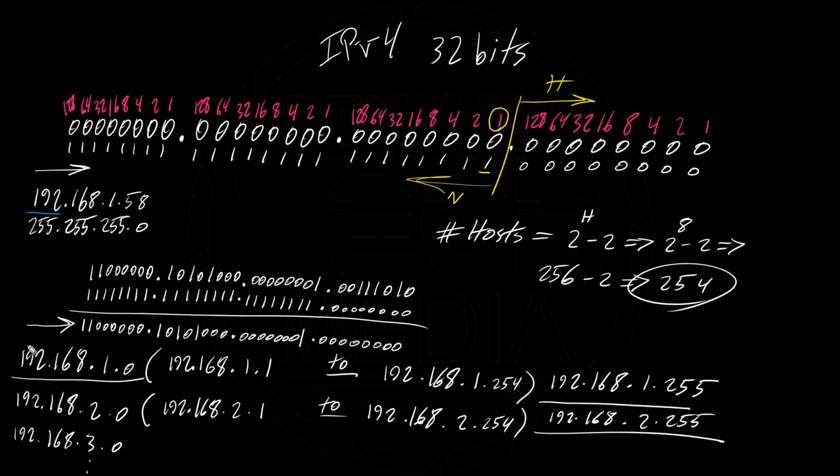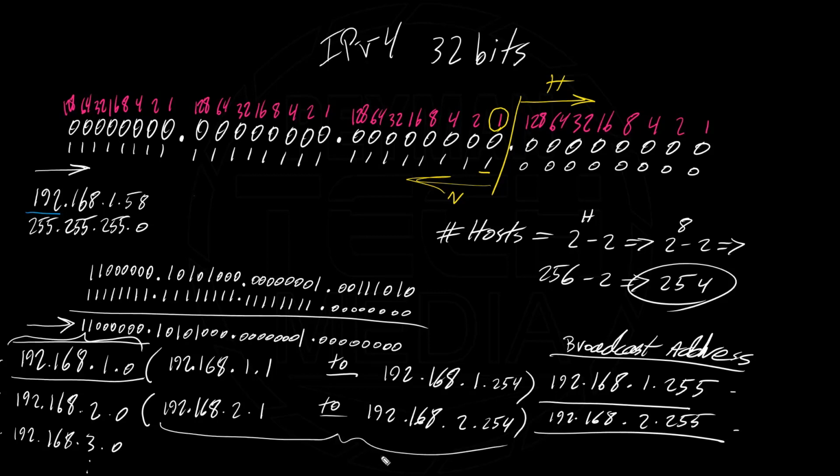So remember, these addresses here are the network addresses, these addresses here are the broadcast addresses, and these addresses here are all the available IP address ranges. So in this network, 2.0, 2.255, we have the network address, the broadcast, and the available IP addresses.